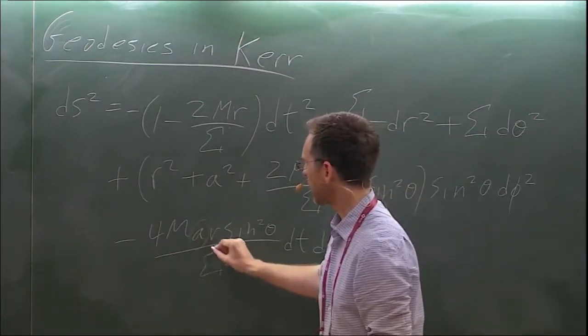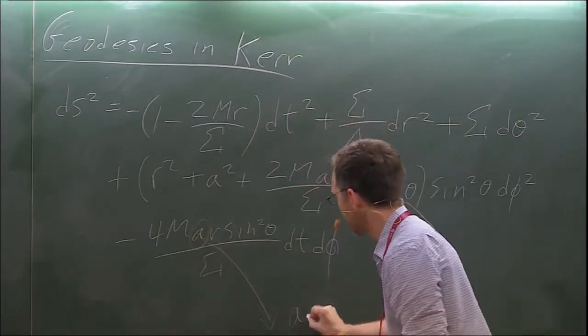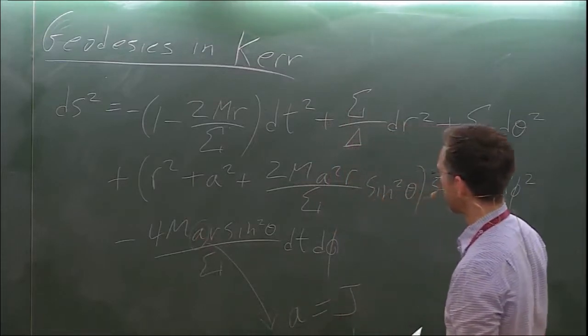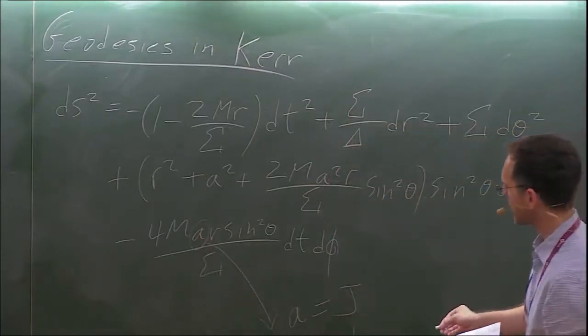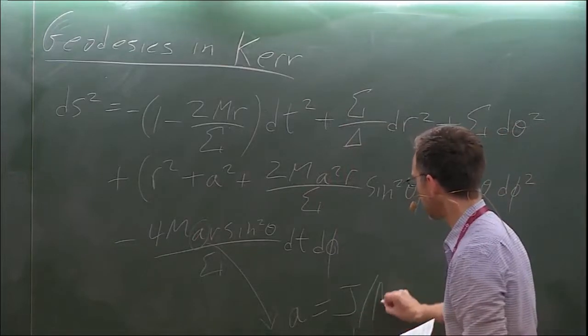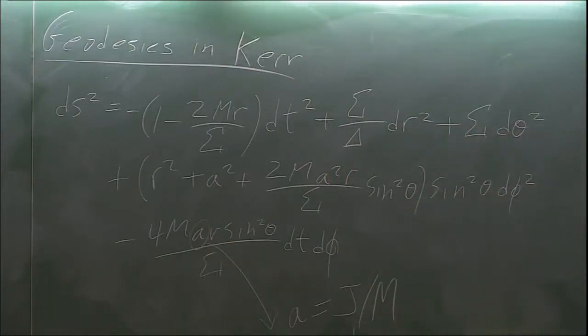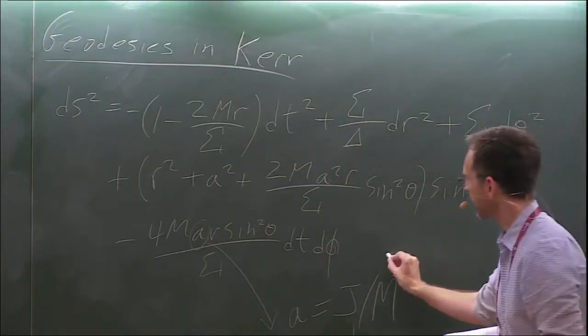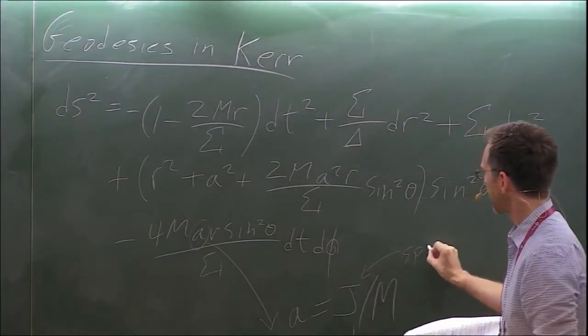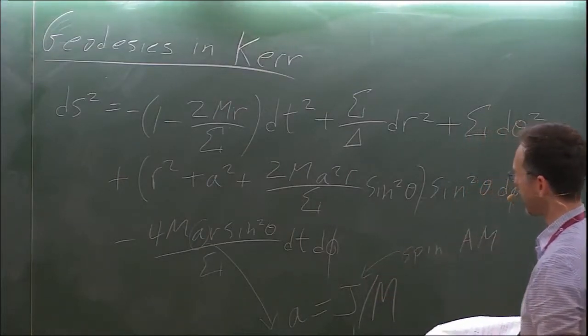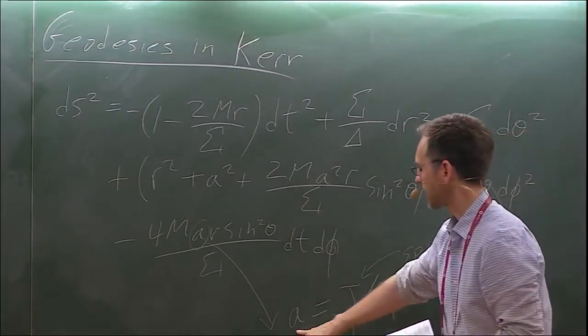So this parameter a that appears here is the spin angular momentum of the big black hole divided by its mass. So that's the spin angular momentum, and a is called the spin parameter.